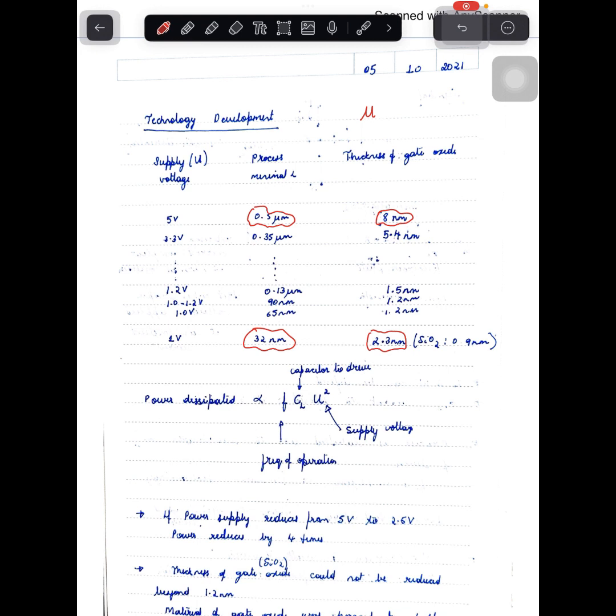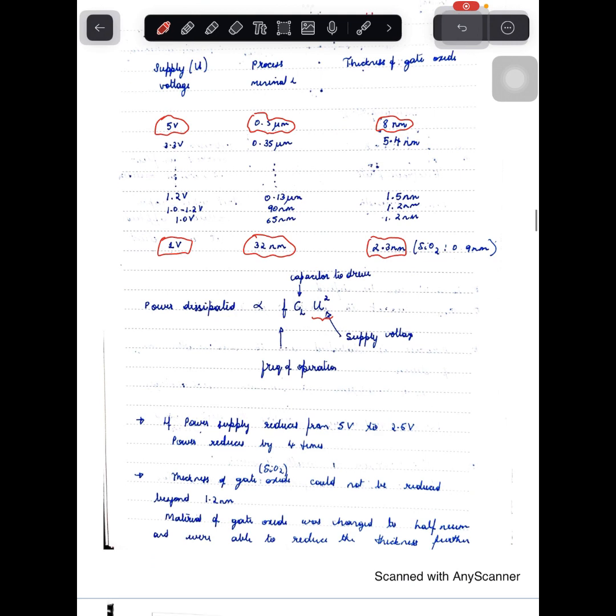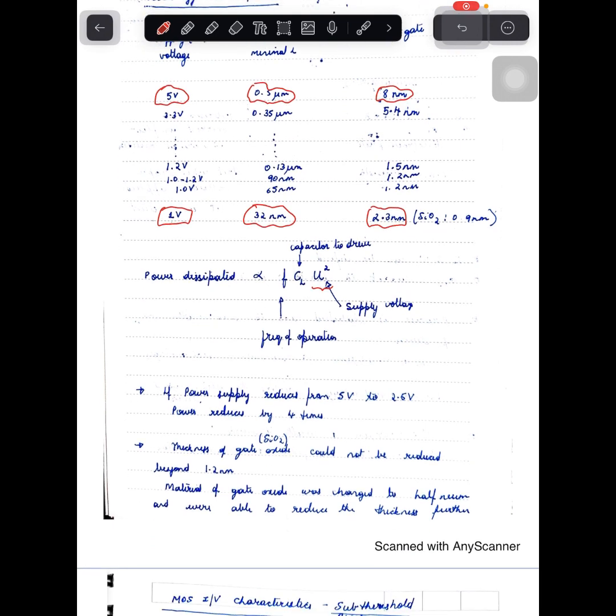And the voltage levels which we are going to talk about, that is the supply voltages, are in the range of 5 volts to 1 volt. Once the supply voltage is less, the power dissipated, which is proportional to the square of the supply voltage, is lower, and hence if you reduce the supply voltage by half, the power will reduce by 4 times.